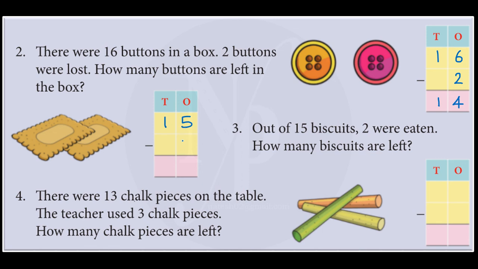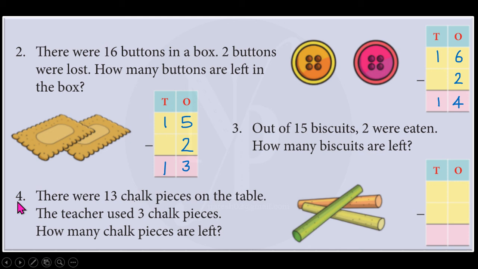And 2 were eaten. So we write 2 here, just below 5. And we should subtract 2 from 15 to find the answer. So on subtracting 2 from 5, you get 3. And subtracting 0 from 1, you get 1. Therefore, 13 biscuits are left.